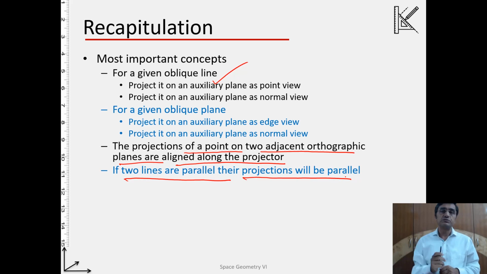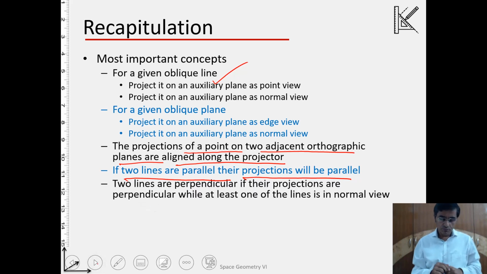Only in the previous case, we have to also check on the third principal plane, as we did on the profile plane, and we found that the projections of these two lines on the horizontal plane as well as on the frontal plane are parallel, but on the profile they are intersecting.